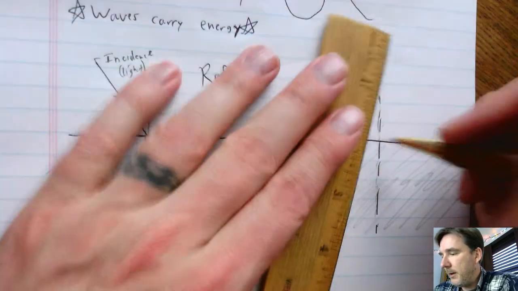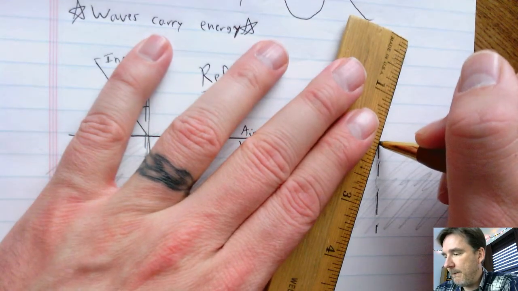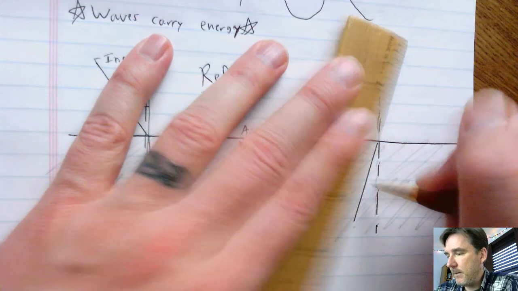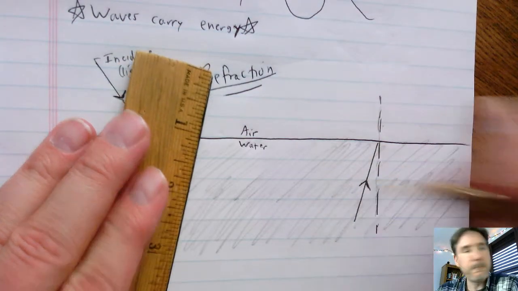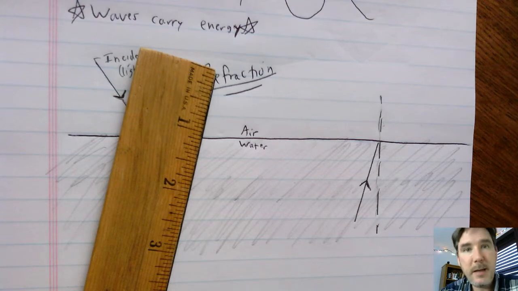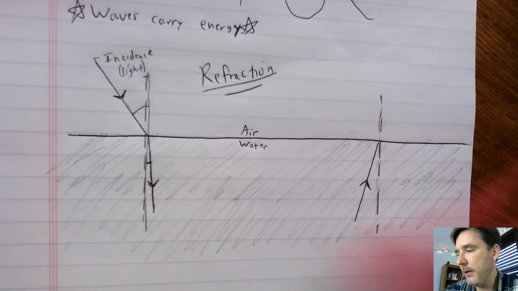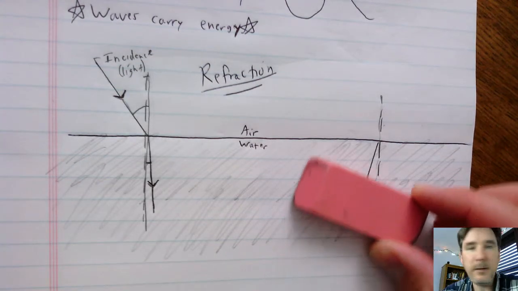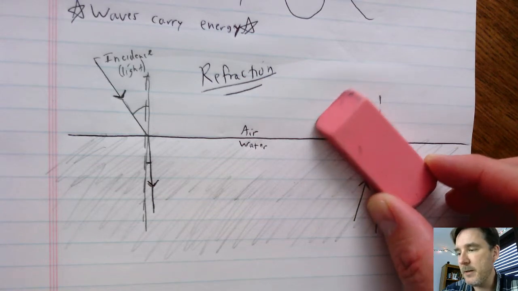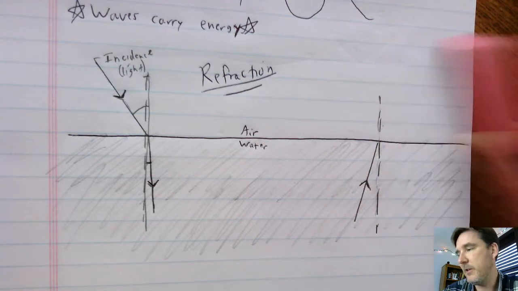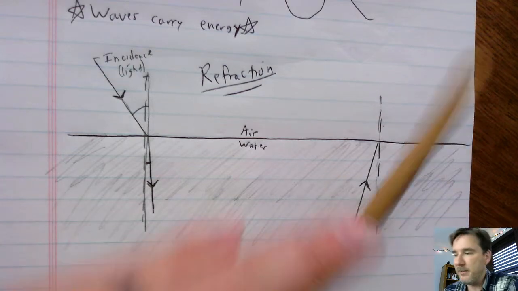So if I have a light ray leaving the water like this, what's going to happen? Well, it's going to be going at a certain angle, and when it hits the air, that part that's in the air gets to go faster, and so it twists a little bit, or pivots a little bit.